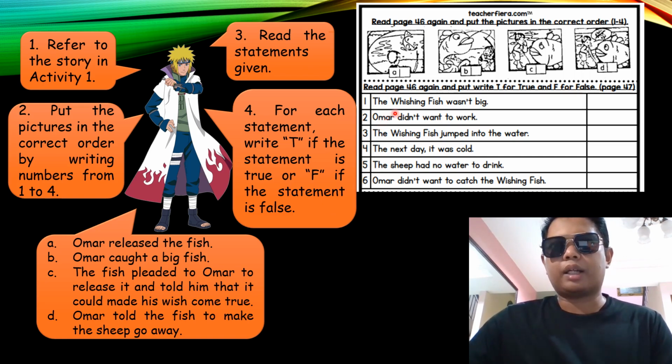For example, I take number 1: The wishing fish wasn't big. Is it true or false, based on the story that you have read just now? If the sentence is true, then you write T. If the sentence is false, then you write F. So that was the exercise for this activity.